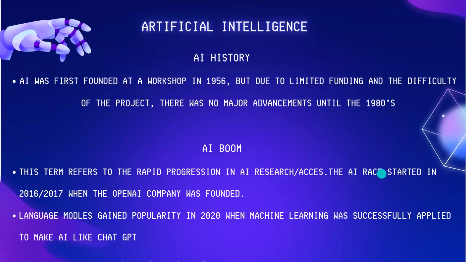How that started is quite interesting. The company OpenAI was founded in 2016 or 2017, I think at the end of 2016, start of 2017. That really started the whole AI race, as they like to call it. This is known as the AI boom or the AI spring. In the 1950s, when AI didn't really develop, that was called the AI winter. Those are interesting terms.